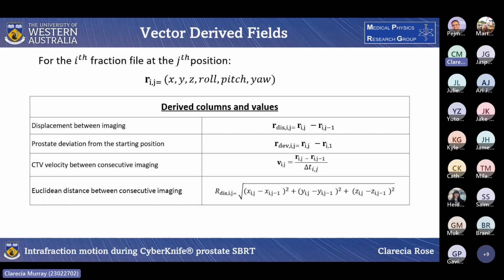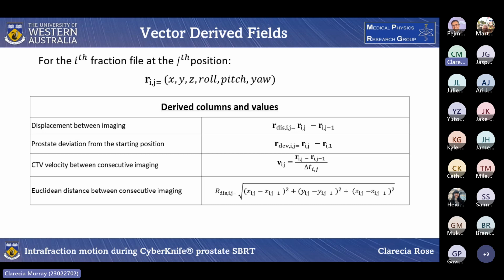As the data is displayed in vectors that are relevant to the planned position, and this study was primarily focused on the motion that occurred during each image and therefore during each beam correction, we needed to derive some variables, such as the displacement from imaging. So we use each image as an offset.